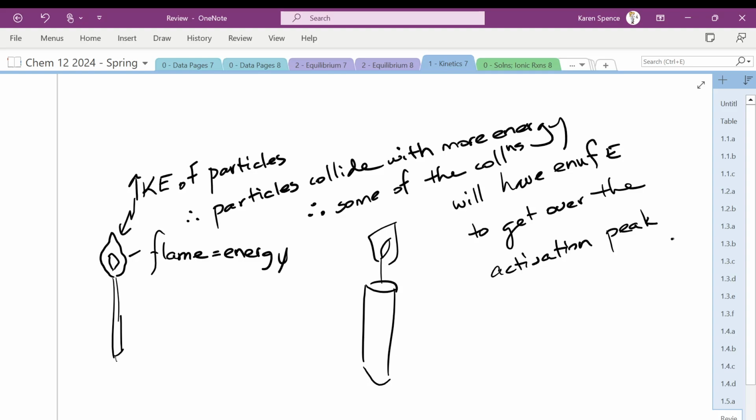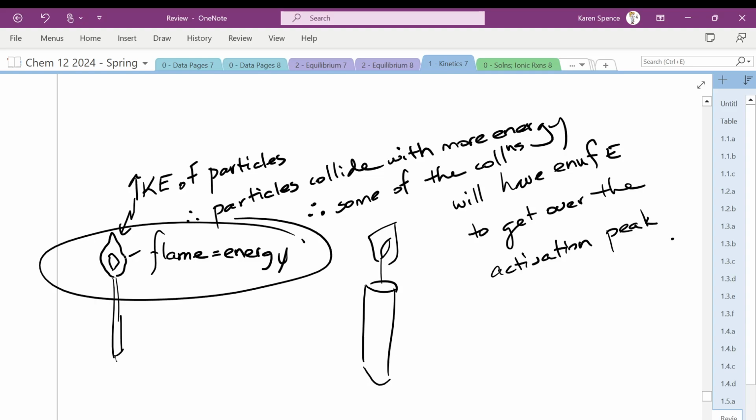Now we take the match away, but this thing keeps burning. Tell your partner, why does it keep burning even though we have taken away this match, which is providing that extra energy?